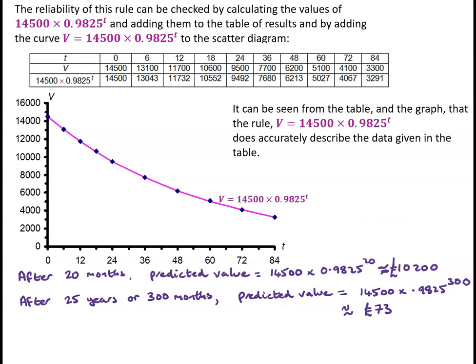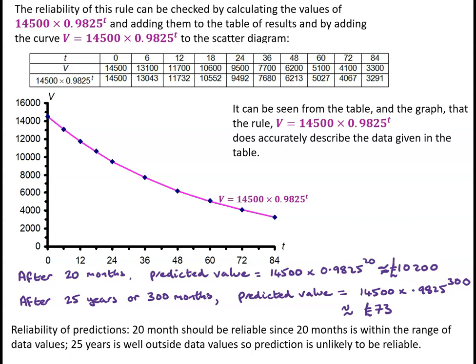And of course, a car which has survived 25 years might well either have been looked after very well, or might even have become a collector's item. So the value for 25 years is likely to be pretty unreliable.